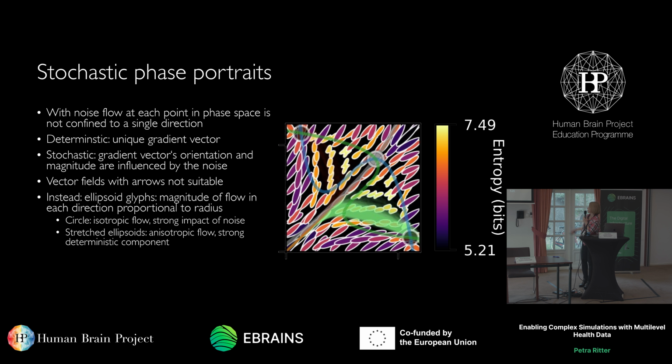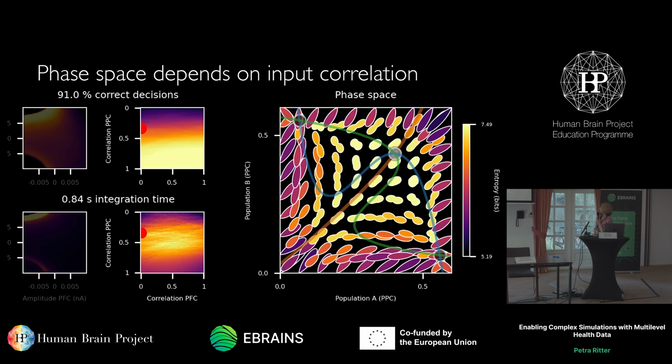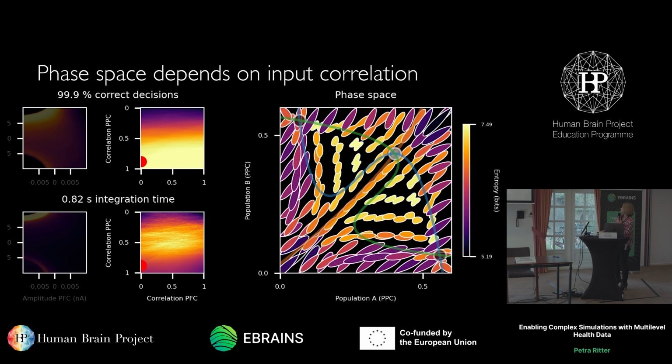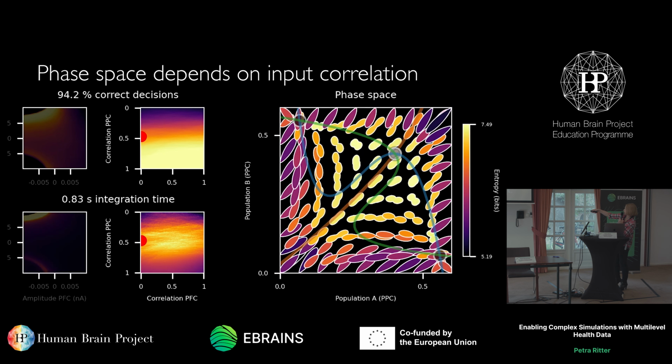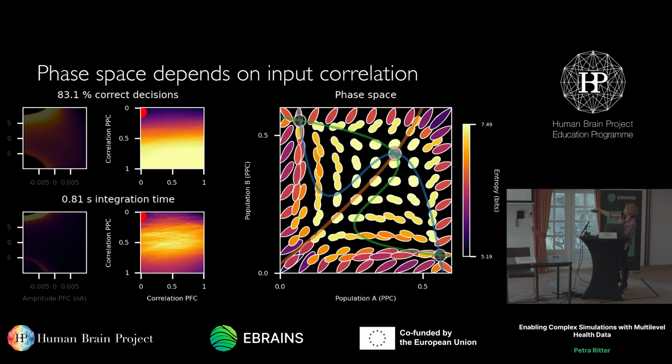They basically show the flow, the direction of the flow in each of the dimensions. So if we have more round glyphs, this means that the flow goes in all directions. And if we have more stretched glyphs, this means that there's more directionality in the flow. And now we can see if we change systematically the degree of correlation that drives our system, in dependence of the functional connectivity.